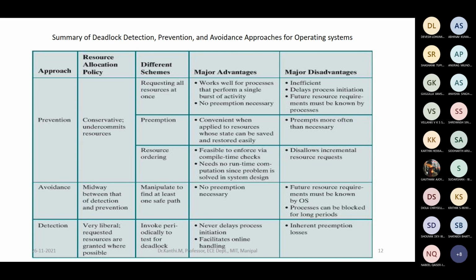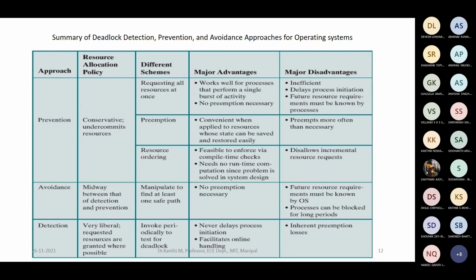Then we have different schemes for each. For prevention, you have preemption, resource ordering, and maybe requesting all resources at once. Okay. So that way you can avoid the deadlocks.